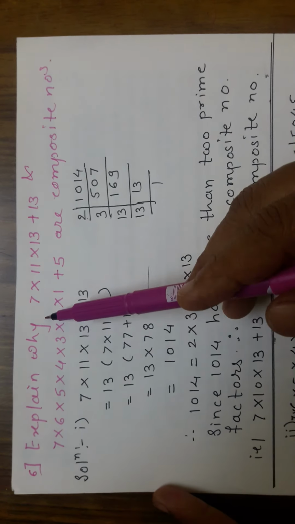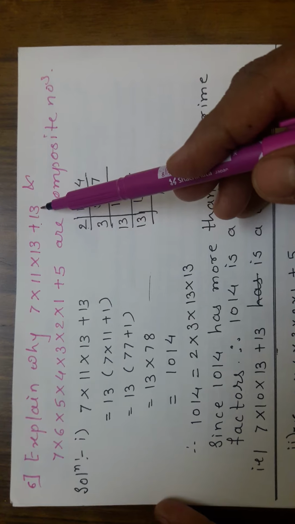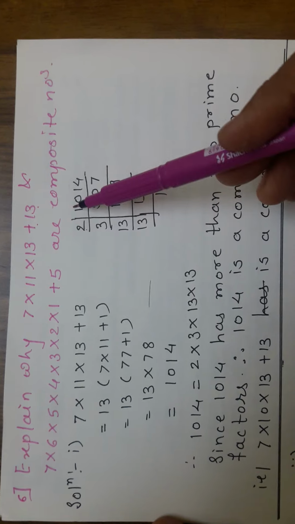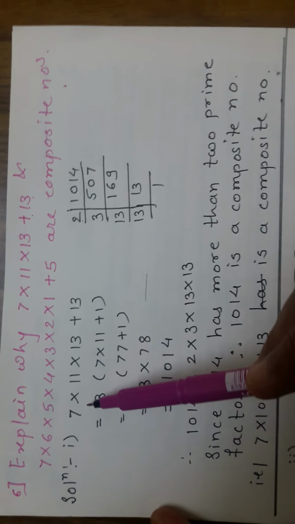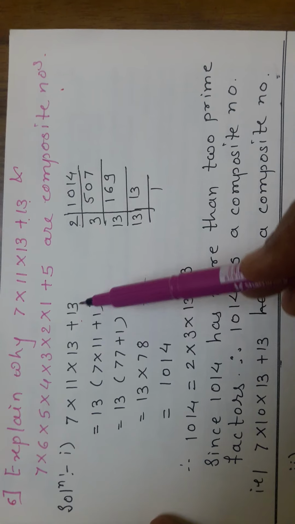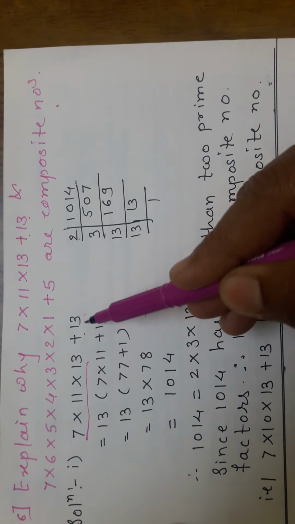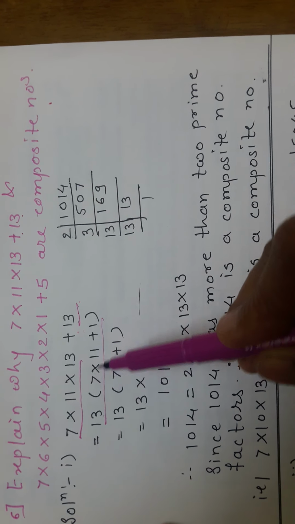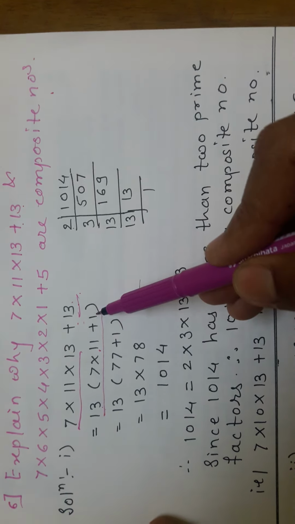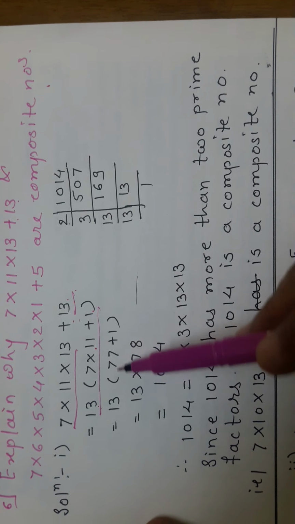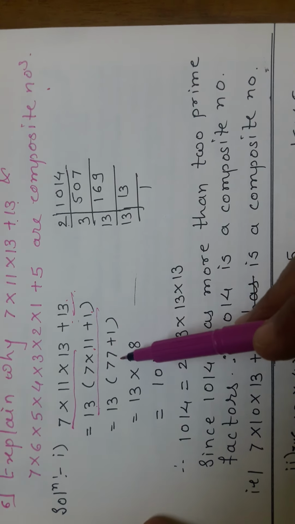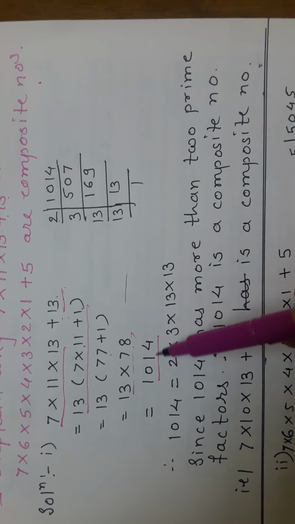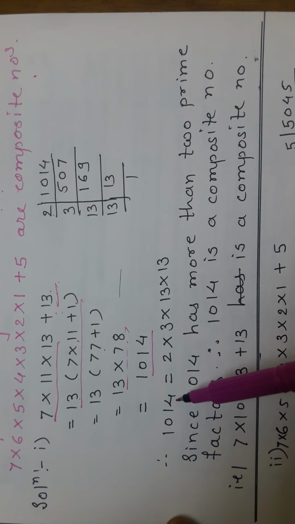Sixth problem: explain why 7 into 11 into 13 plus 13, and 7 into 6 into 5 into 4 into 3 into 2 into 1 plus 5, are composite numbers. First, 7 into 11 into 13 plus 13. These are the two terms. From these two terms, we take 13 out as common. 7 into 11, and what is left in place of 13? 1. 7 into 11 is 77, plus 1 is 78, and the product with 13 is 1014.